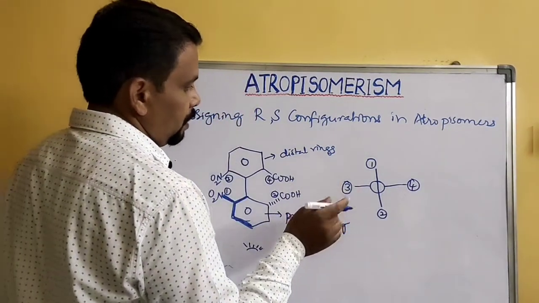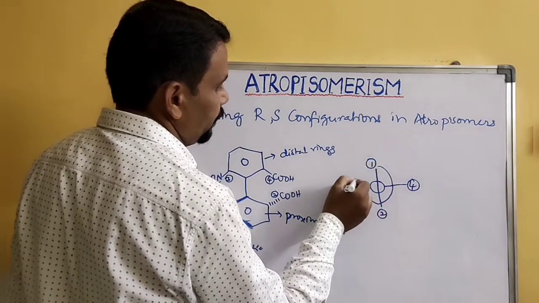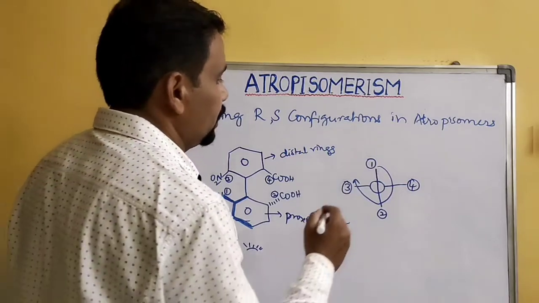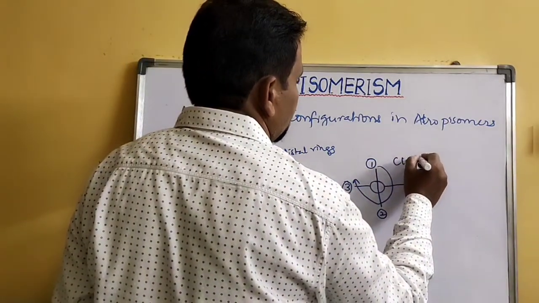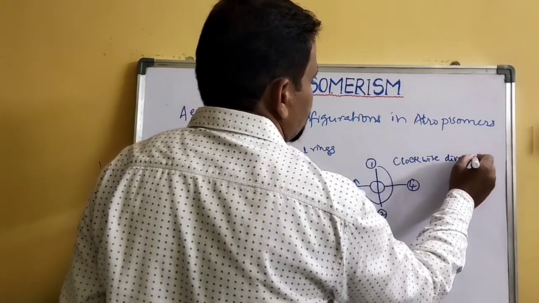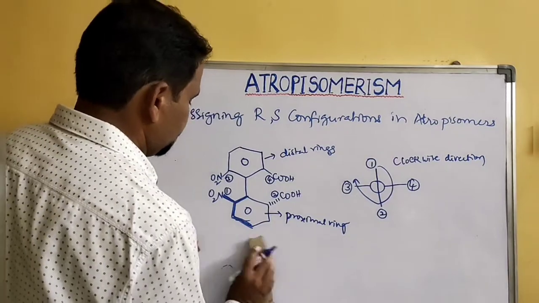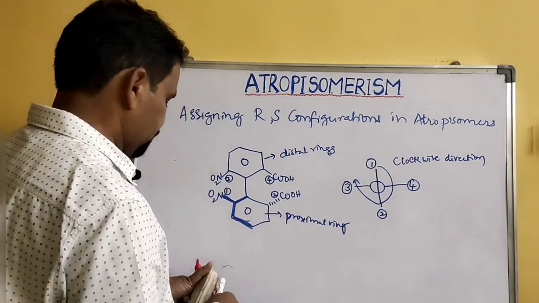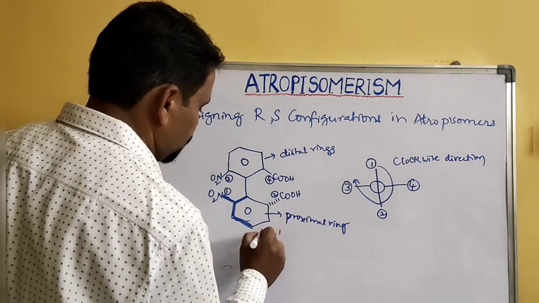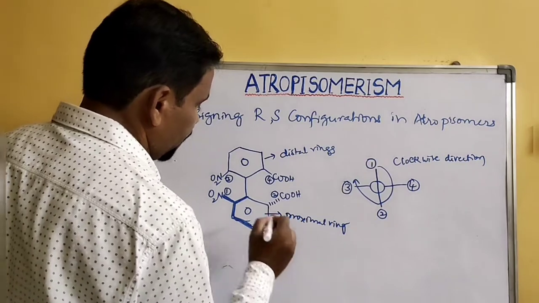Then you connect 1 to 2 and 2 to 3. This is also clockwise direction. Therefore this is R configuration. This atropisomer, or stereoisomer, has R configuration.